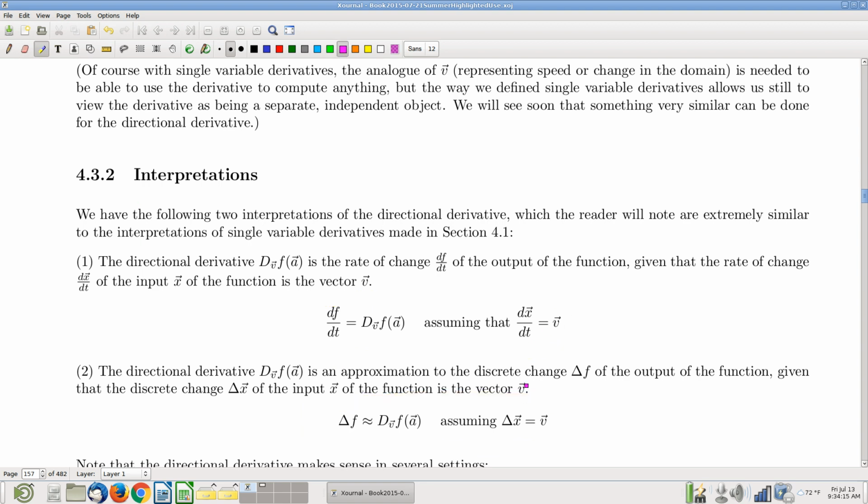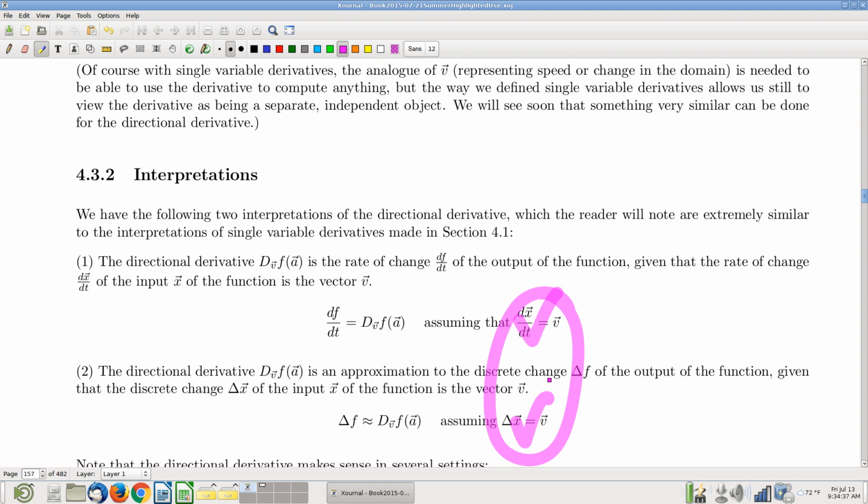The first two interpretations I have here are just observations of what we were computing in the first place. Our goal was to assume that we had a vector that represented input changes. It could be a velocity, could be a discrete jump, some sort of an input change, which we always represent by a vector.